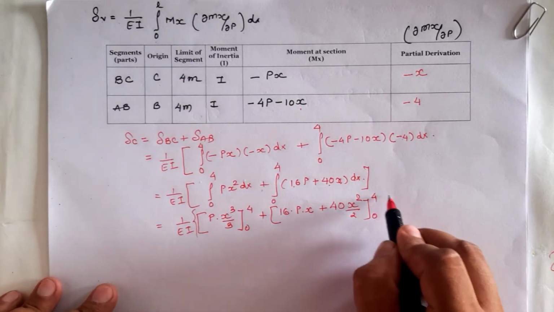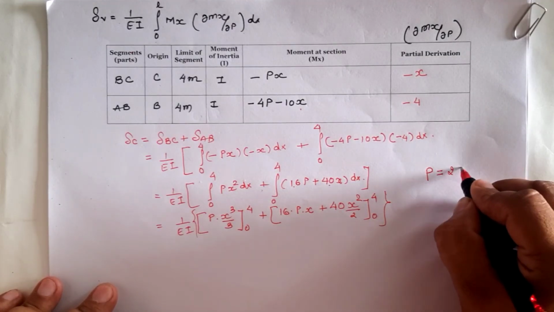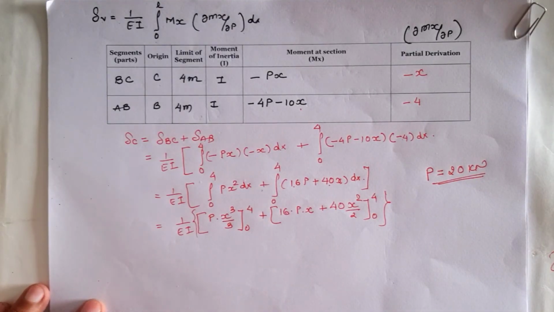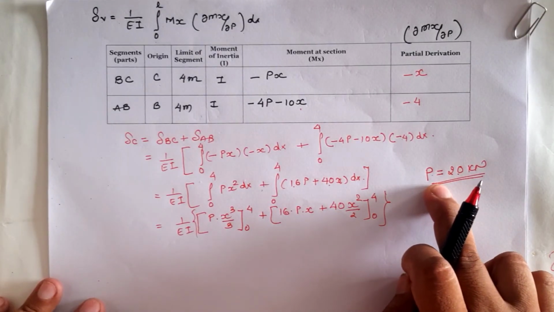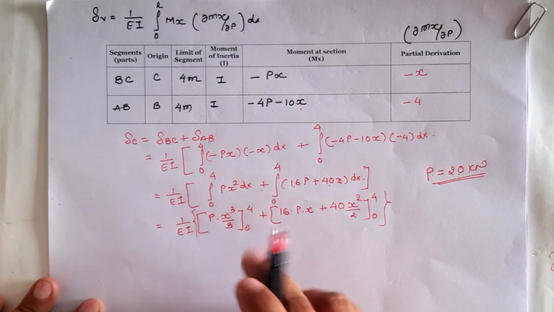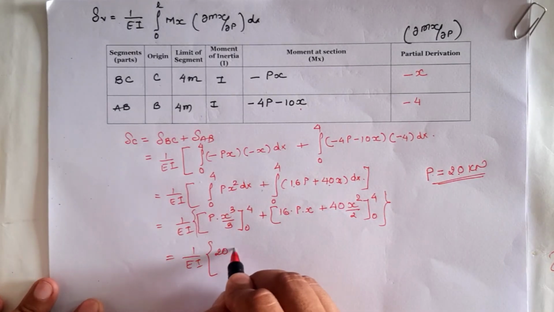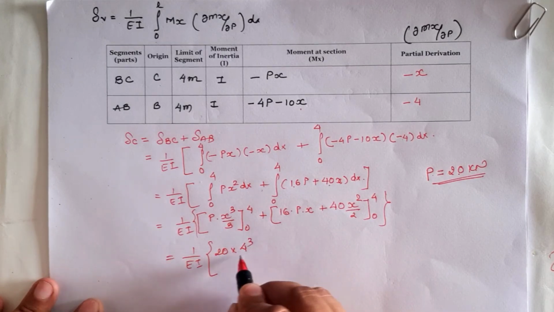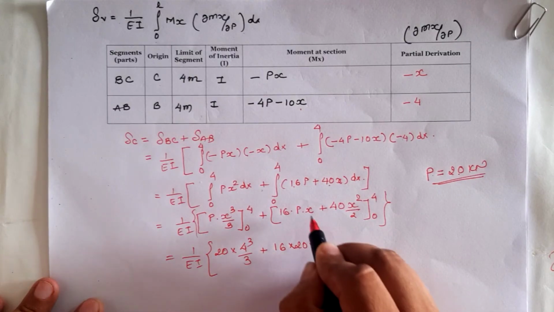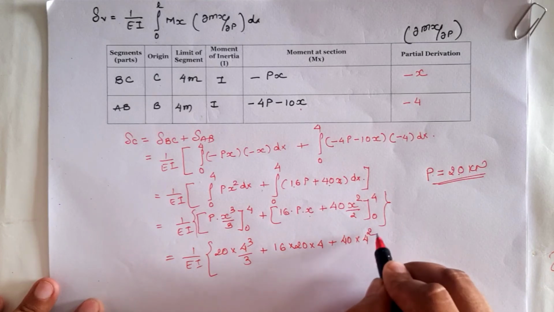We know that our arbitrary load P is equal to 20 kilonewton, as at location C a 20 kilonewton load exists. So replacing the value of P by 20 kilonewton and crossing the limits, we have P as 20, the upper limit is 4, so 4 cube by 3 plus 16, now P value is 20, x as 4, plus 40, x as 4 square by 2.